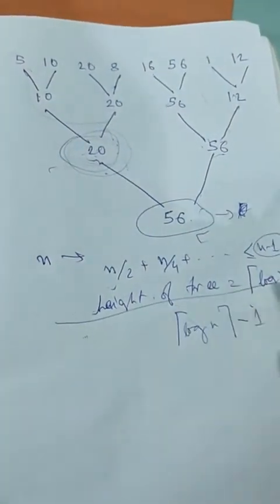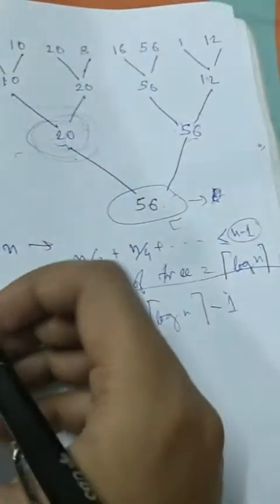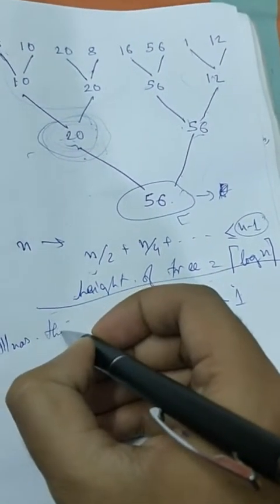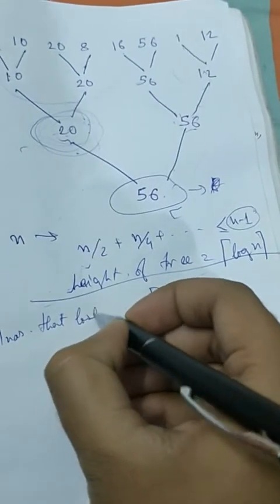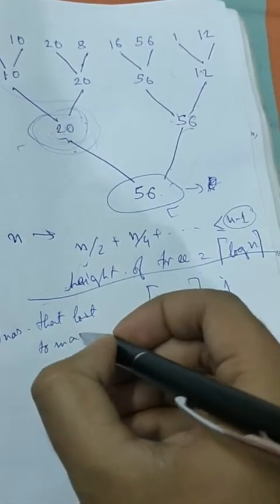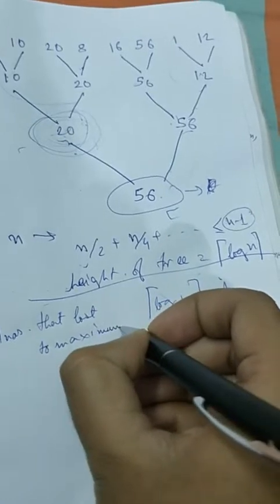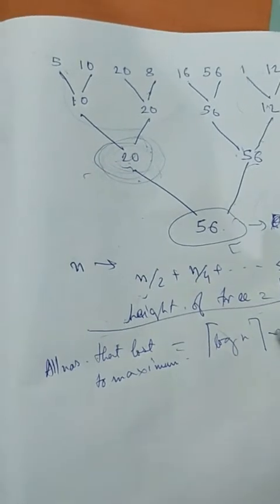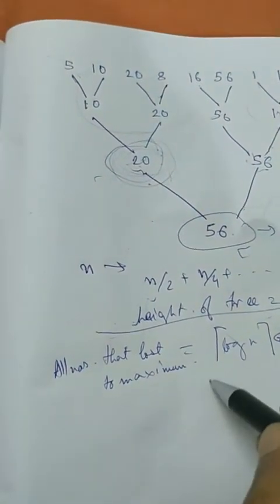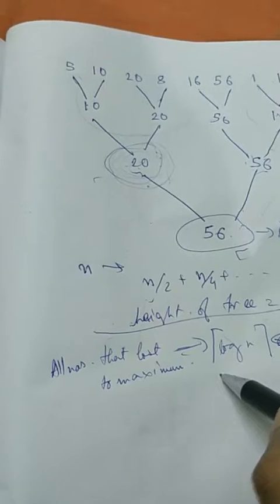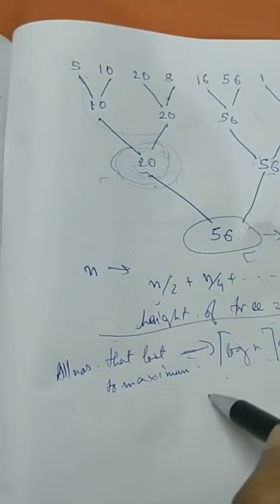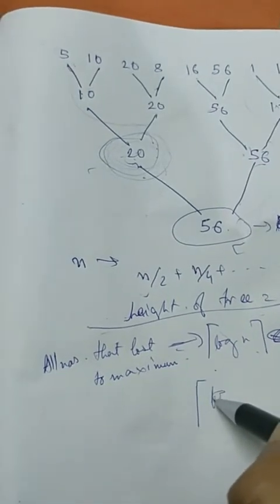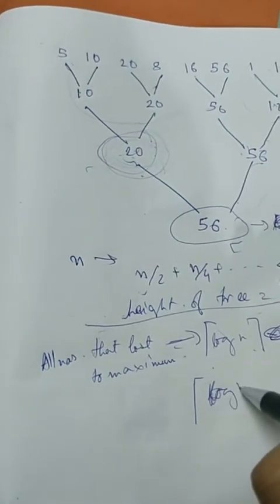The numbers that lost to the maximum number ceiling of log n, and to find the maximum among those it takes ceiling of log n minus 1 comparisons.